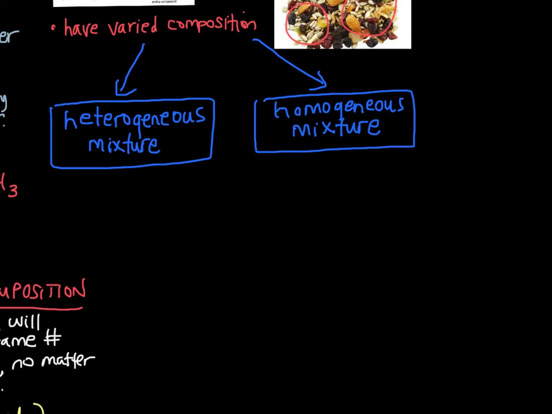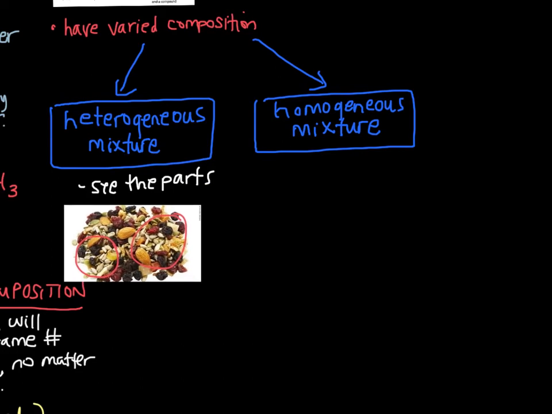First, you have heterogeneous mixtures. Heterogeneous mixtures are where you can actually see the parts. So trail mix is a heterogeneous mixture. You can see all the parts. Hetero means different, right? So you can see all the different parts.